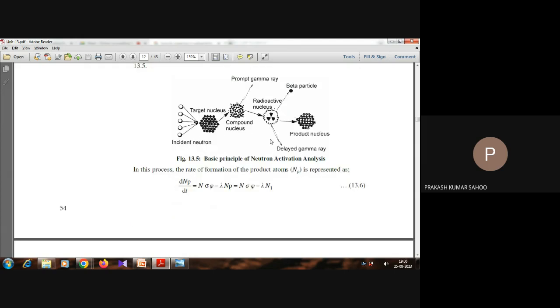Then we have the equation dNp by dt equal to N I sigma psi minus lambda Np.